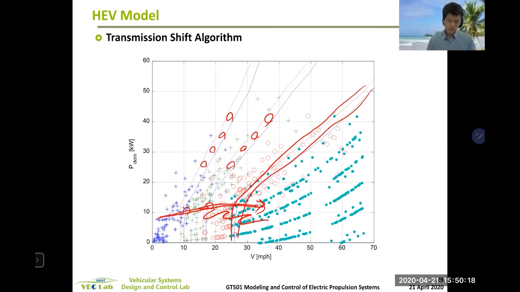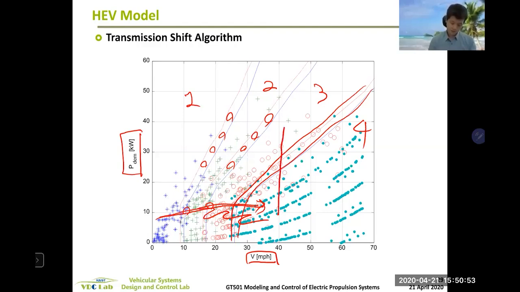Anyway, so this is first gear, second gear, third gear, fourth gear, okay? X is vehicle speed, Y is power demand. How much power does the driver want? So if you step on the gas, if you throttle, then at say 40 miles per hour, you're increasing power demand.